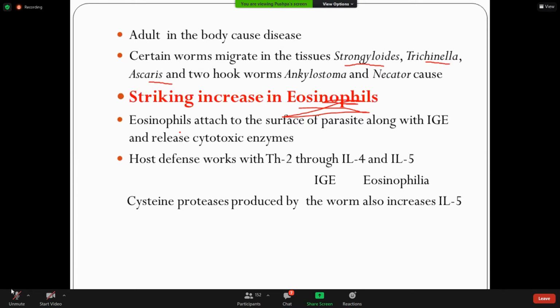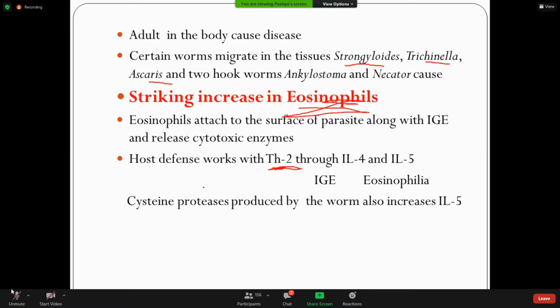Through the helper T cells, type 2 helper cells, they release interleukin 4 and interleukin 5. Interleukin 4 is responsible for the increased level of IgE in the body, and interleukin 5 increases the eosinophil level in the body.